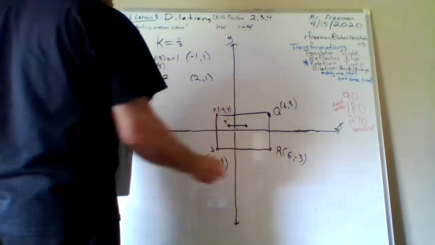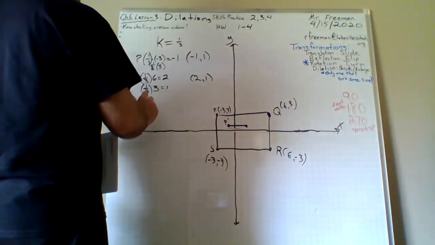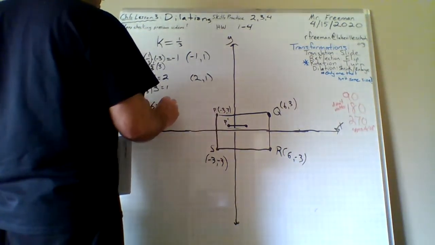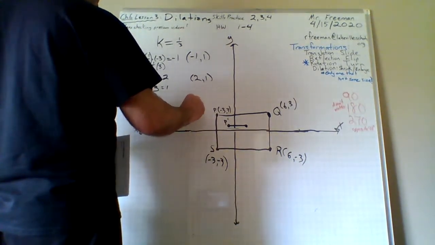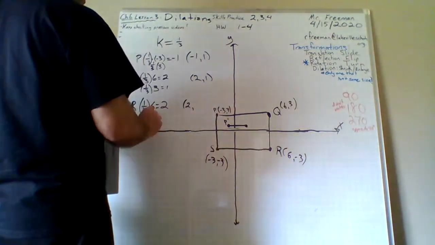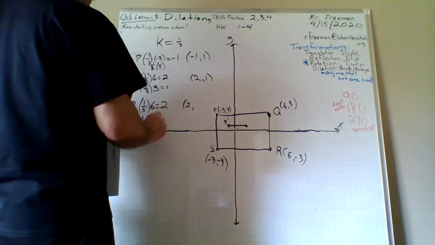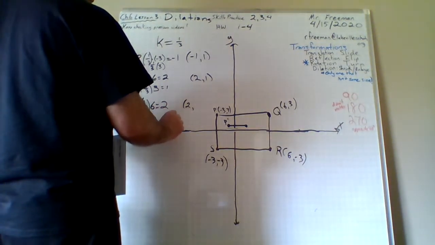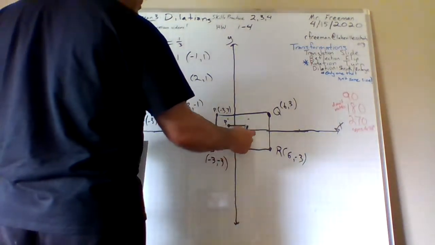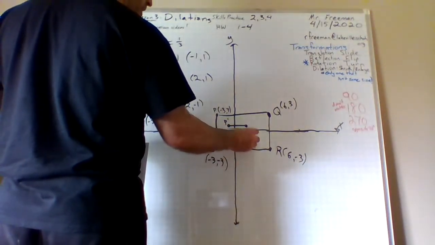Okay. R is going to be just 1/3 times 6. That equals 2. And 1/3 times negative 3 is going to be negative 1. So my new point is 2, negative 1. 1, 2, negative 1 is right here.